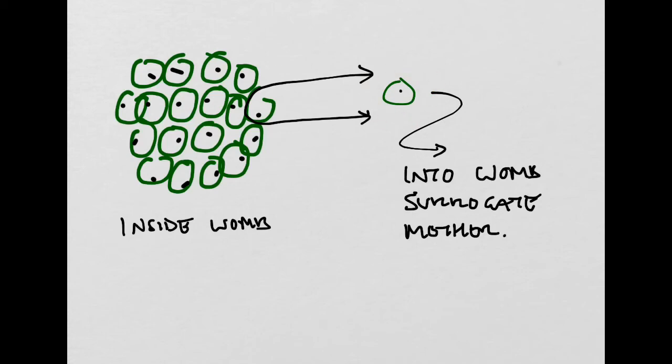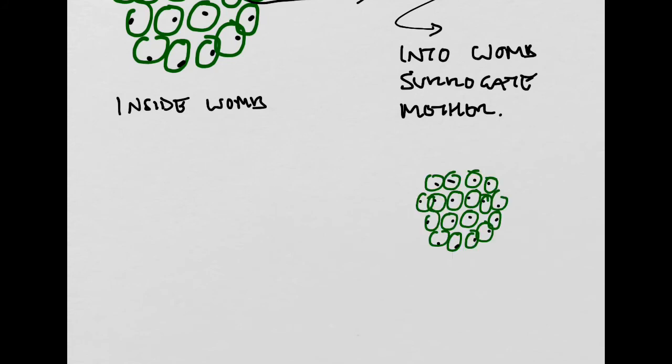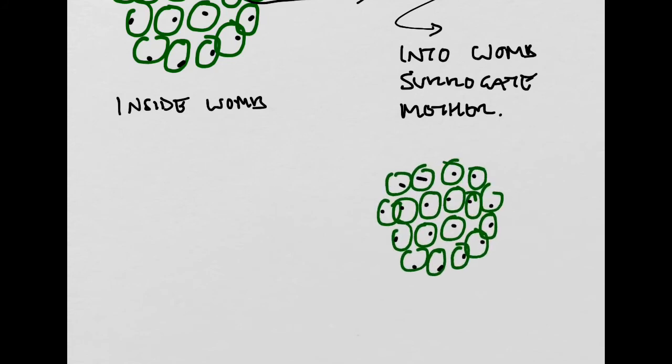And so what will happen here is that even though it has a low volume, that's not a big deal because the nutrients and such that come from the womb will allow this thing to divide and still grow into a full-sized cell. So that ultimately what you're going to have maybe a couple days later is another ball of cells.